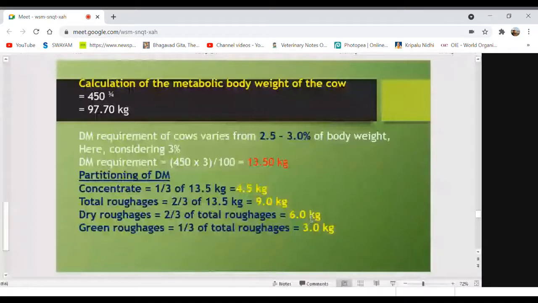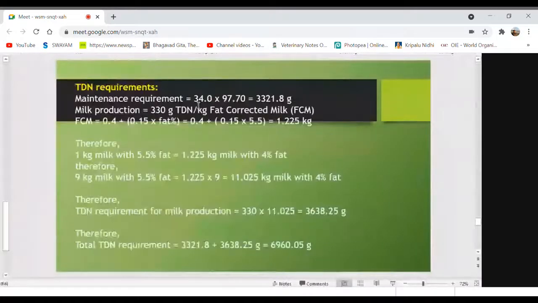Then TDN requirement. How can we calculate the TDN requirement? Since it is a milking dairy animal, the requirement of energy, that is TDN, will be the sum total of the requirement for maintenance plus the requirement for milk production.